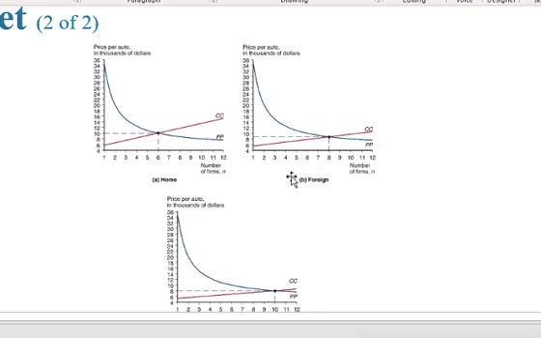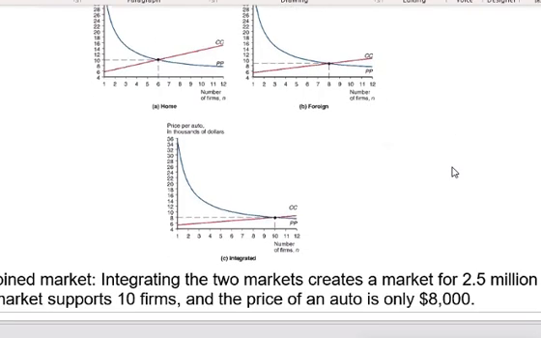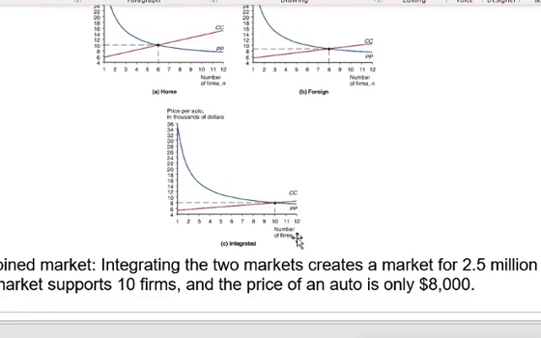And what happens once international trade is allowed? About 4 firms die. The total number of firms in the world is 10, which is less than the 14 firms before trade. So 4 firms in this setup are out because they cannot compete.